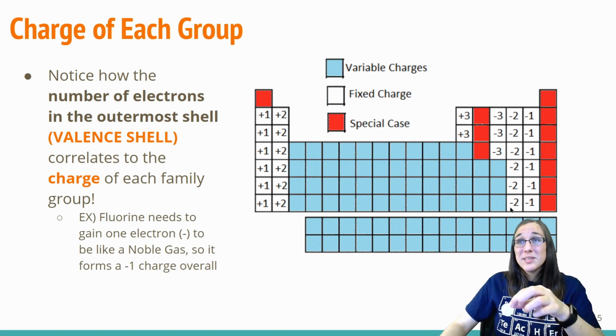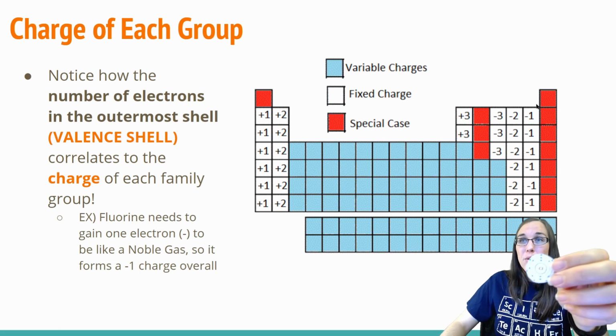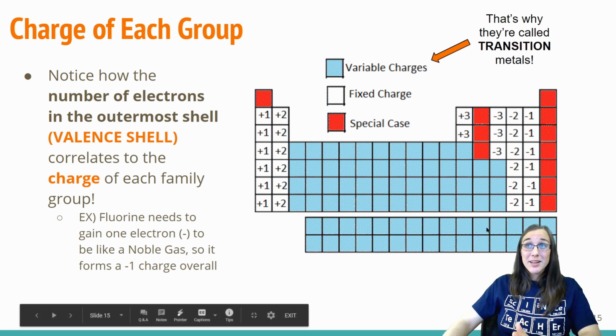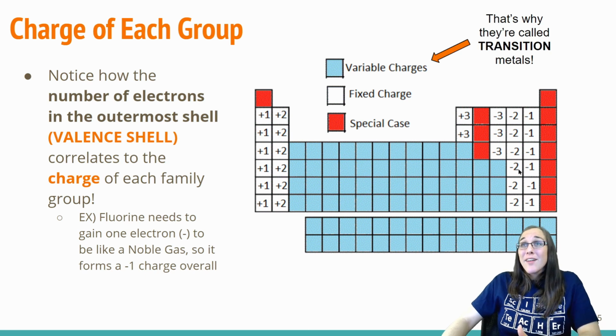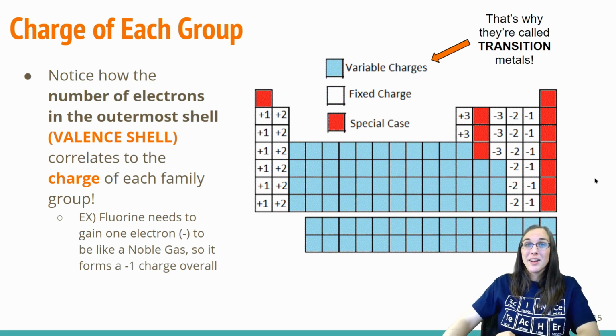All it's got to do is steal 1 electron from someone and become a -1 charge to be stable like the noble gases. So again, the variable charges for the transition metals and inner transition metals are because they don't have this fixed property of the number of valence electrons in the valence shell. They can change depending on the circumstance.